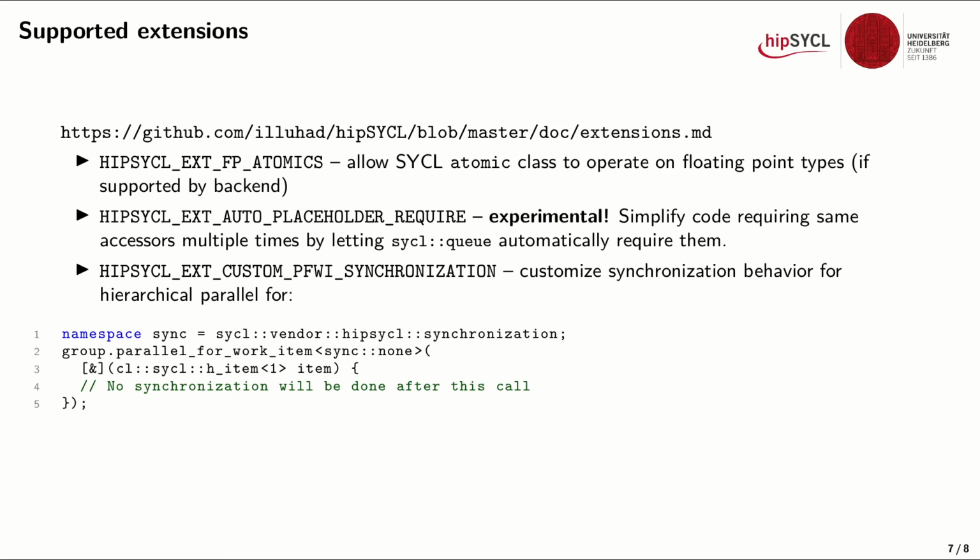However, in hipSYCL, you can pass some template arguments to parallel for work item. For example, if you pass sync none to it, then no synchronization will be done at the end. In the same way, you can also tell it to do a memfence instead of a barrier, for example. If you pass no template argument at all, then it will still do the regular barrier as required by the specification.